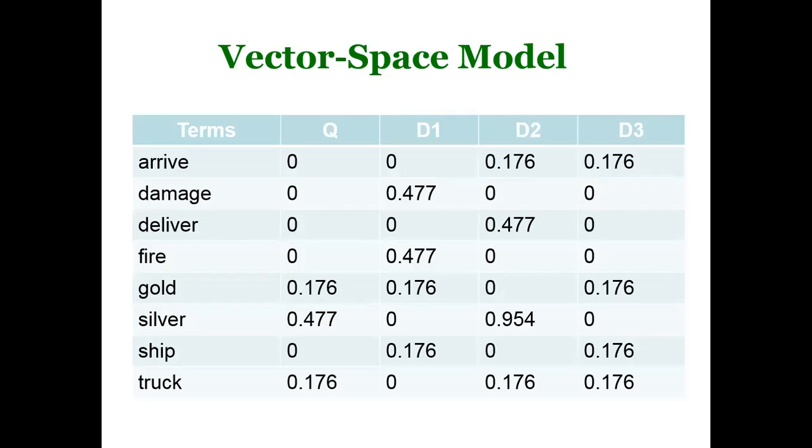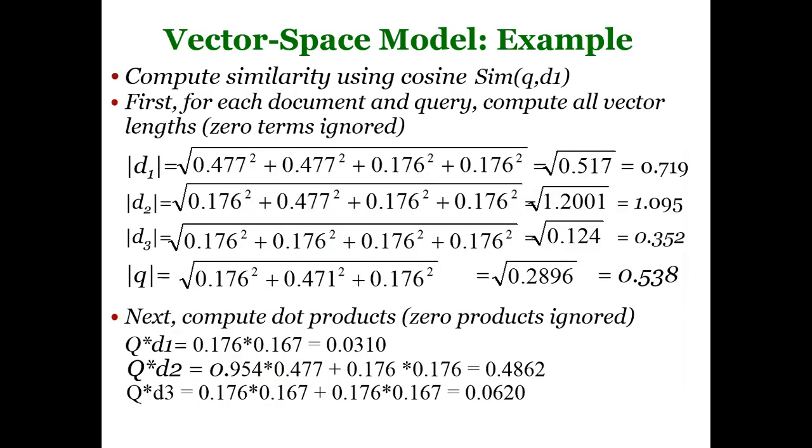Otherwise, when there is a number in D1, Q is 0. Or whenever silver for Q is 0.477, but D1 is 0. We can ignore all those zeros and concentrate on the value of gold, 0.176 times 0.176, which gives us the dot product of Q against D1, since others are 0.